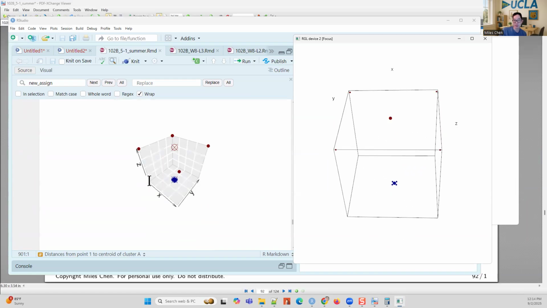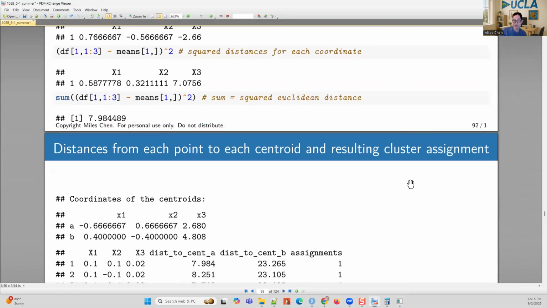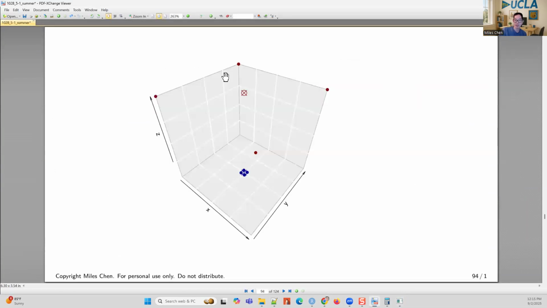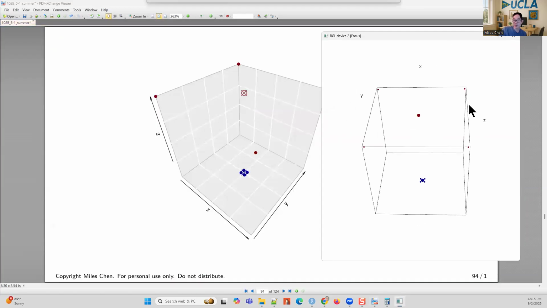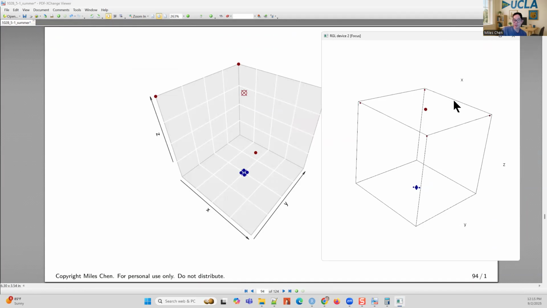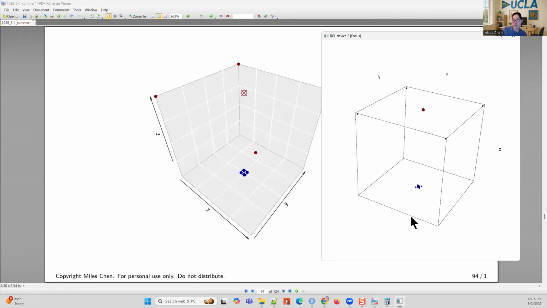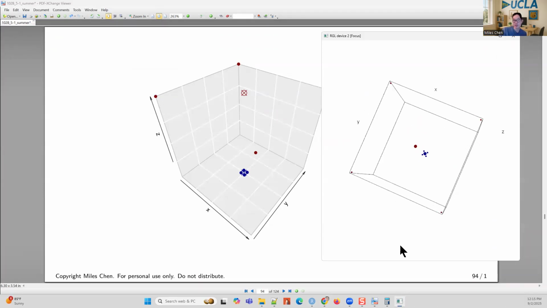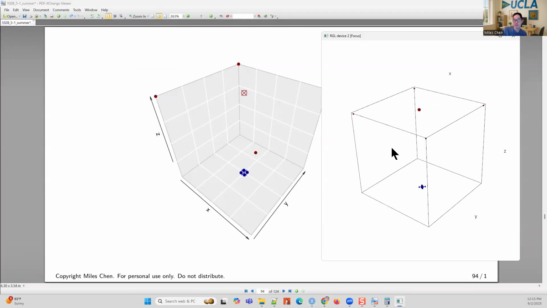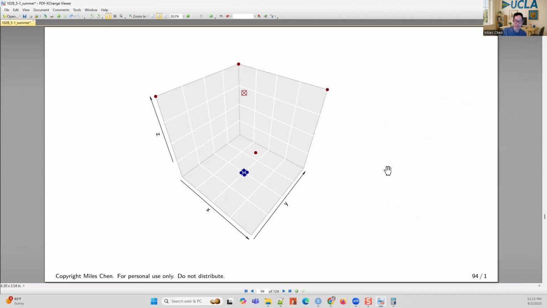So that's what ends up happening, and that's this plot right here. Okay. It's a little bit hard to see, but this image right here, the 4 points are on the top and the centroid is up there. And then you have the 4 points down here and they're in blue and the centroid is down there. Okay. So that's what ends up happening there.